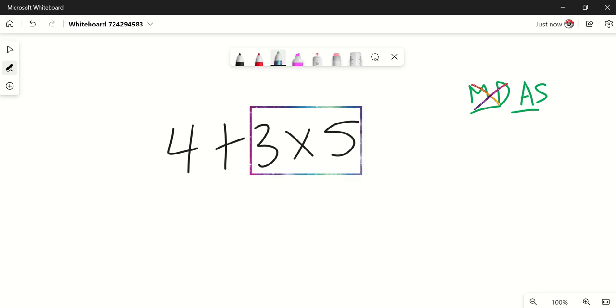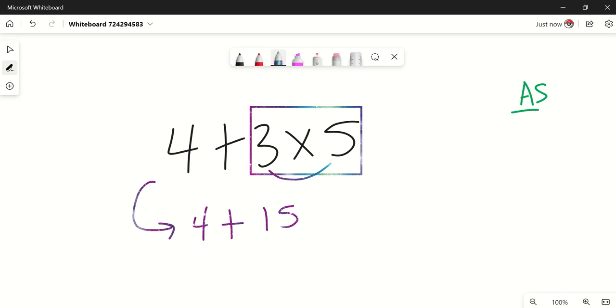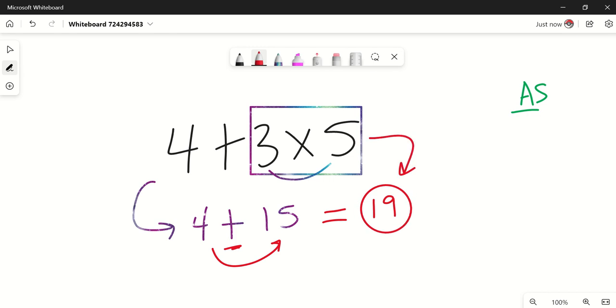That needs to be solved first. 4 plus whatever 3 times 5 is, which was 15. There was no multiplication and division anymore, so we're done with that. And finally, addition and subtraction, and we have addition right there. 4 plus 15 equals 19. So my answer to that expression is 19.